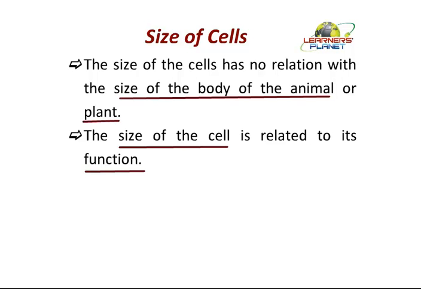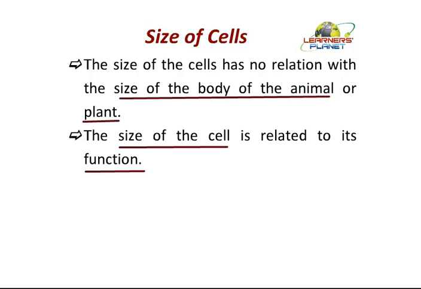But it is never so that a sperm of an elephant would be so large and a sperm of a human being comparatively smaller. This is totally wrong. The truth is that the size is going to be similar. There may be some differences with respect to function and structure also, but it never exceeds the limit. It is always related to the function.